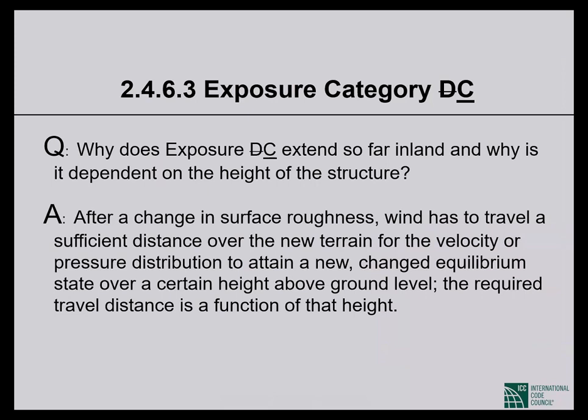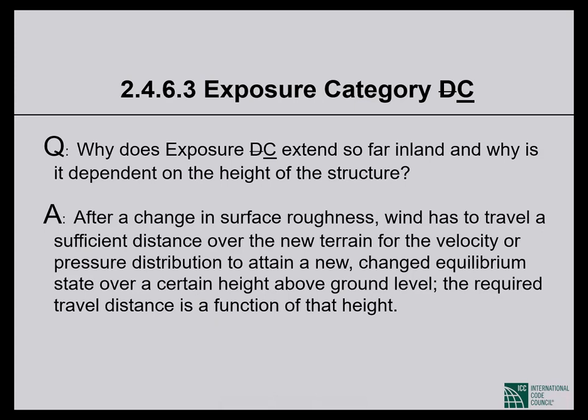Okay, why does exposure C extend so far inland, and why is it dependent on the height of the structure? This is a very important question. This exposure C extending inland is a significant issue.